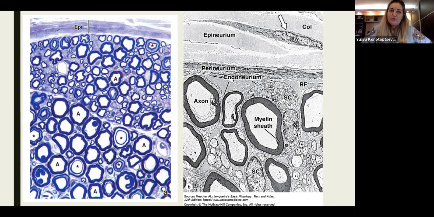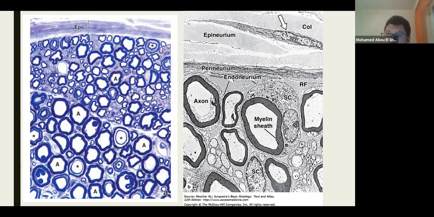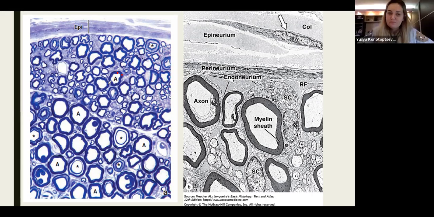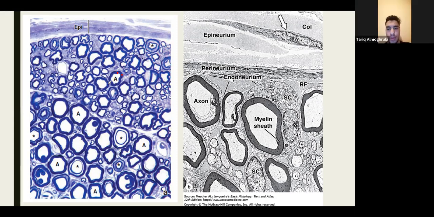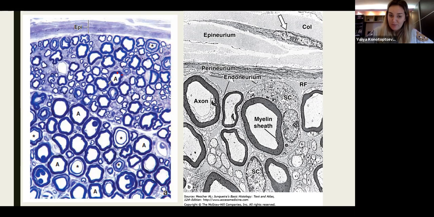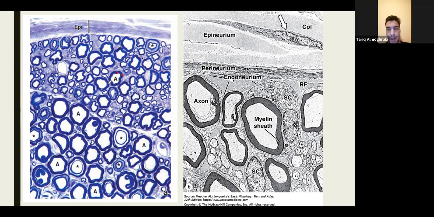Would you be able to see myelin sheath with H&E? No. Why not? Because it's majority lipids, and lipids are washed out. Very good. So don't forget H&E preparation: lipids are not going to be visible whatsoever. So if you were to see myelin sheath, what would you use? Heavy metals.